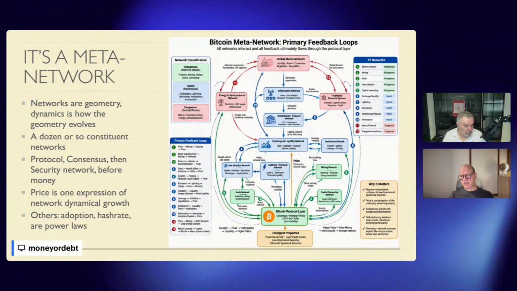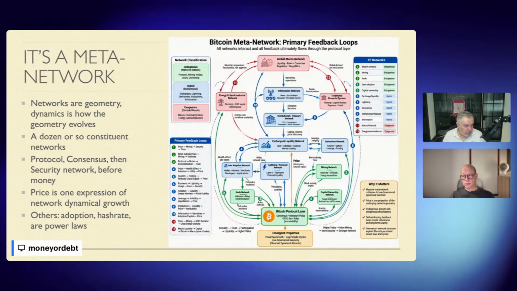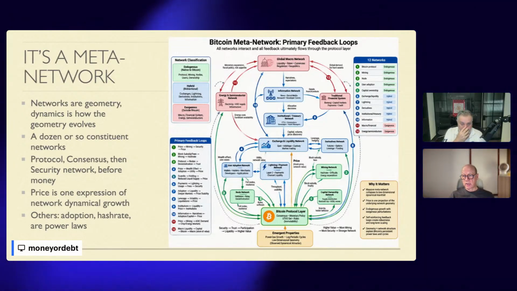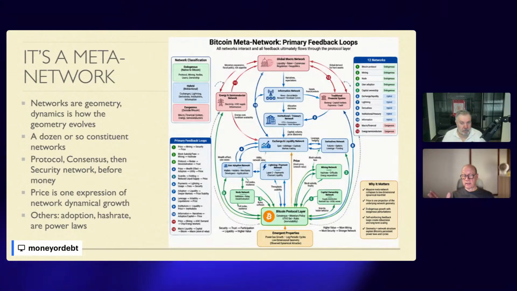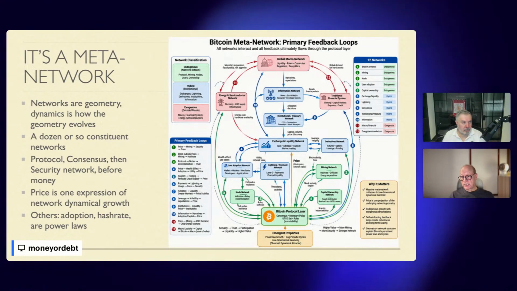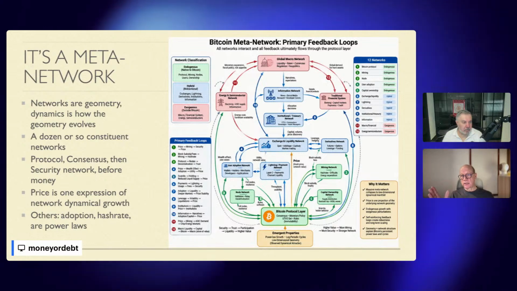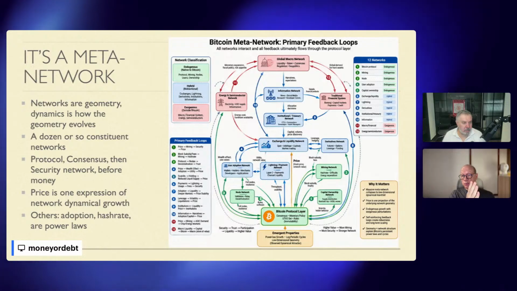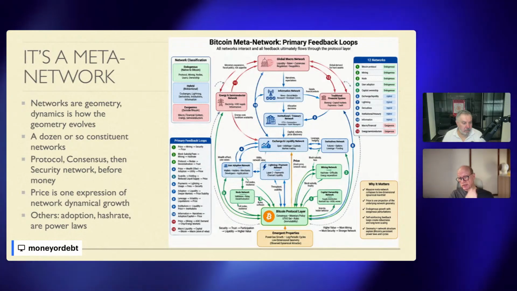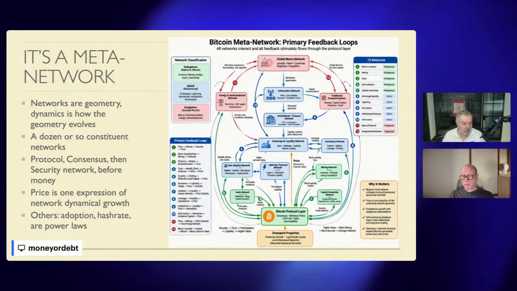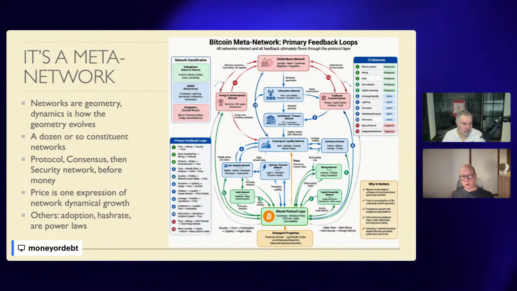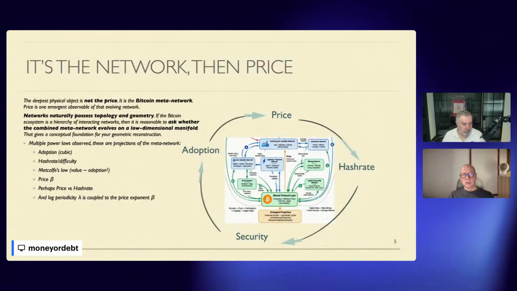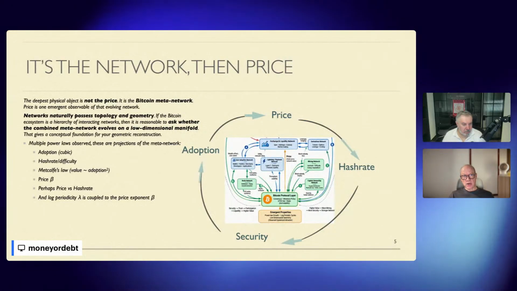And we've got all of these self-reinforcing feedback loops that promote robustness, the health of the network, and the long-term scaling. And the fact that Bitcoin can survive the bust and the boom cycles and come out of temporary exponential and super exponential behavior, and then a crash with negative exponential behavior, but always revert back to long-term, very strong power law growth. So it's the network, and then it's the price.